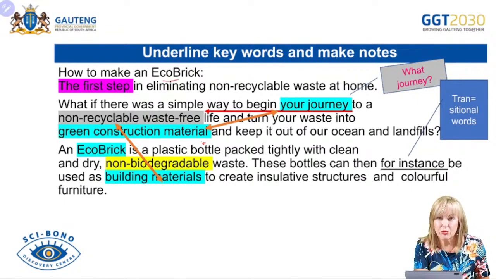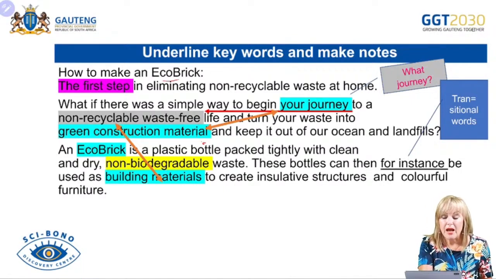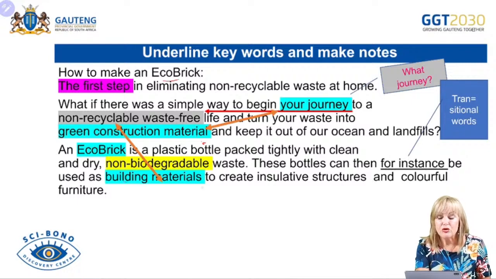Everybody's talking about green electricity, green everything, because we should stop littering, and we should assist our beautiful earth to regain its proper place, because the way that we litter and mess is breaking down all the natural substances in the earth. An eco brick, so it's linked, and it can be used for building materials.